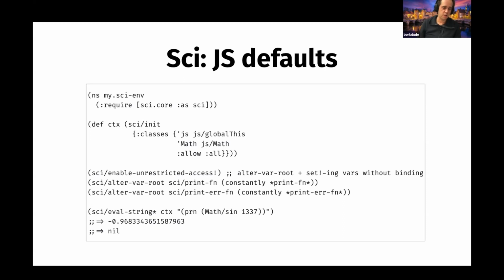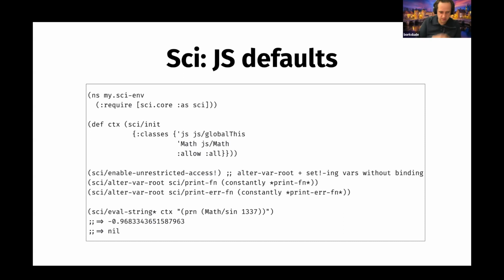And then there is, in ClojureScript, one special global symbol called Math, which is just JS Math. And then you say allow all, which means if you do interop on one of these things, you can also do interop on the thing that was the result of the evaluation of that. So normally Sci only allows you to do interop of what you specify here and not on transitive results of that. But you can turn that off with allow all.